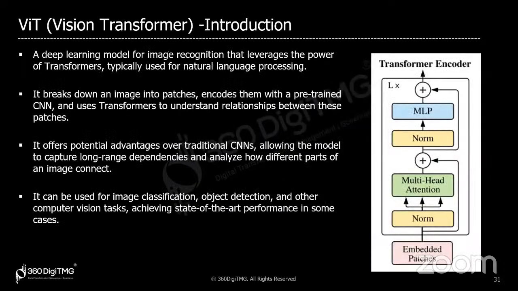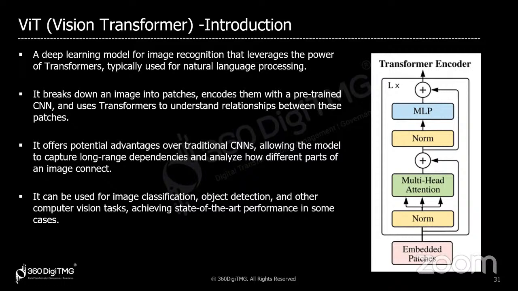So this was all about our BLIP-2 model. Now we'll understand the vision transformer. A vision transformer is a deep learning model for image recognition that leverages the power of transformers, typically used for natural language understanding.